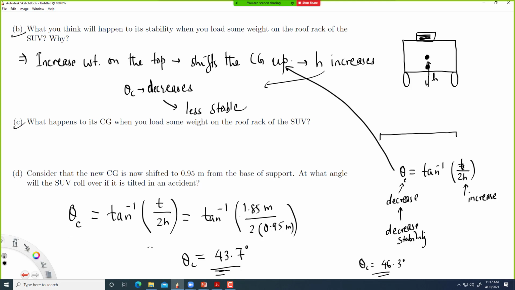So that shows that it's less stable. So it will roll over when the angle is greater than 43.7 degrees. Okay. That's 2.